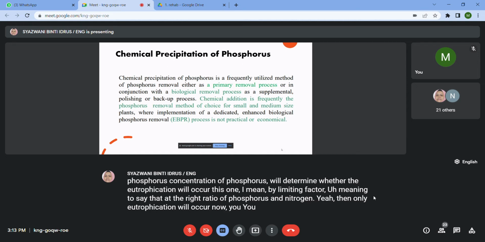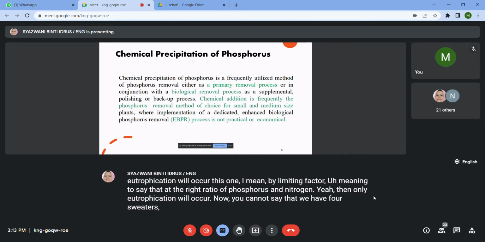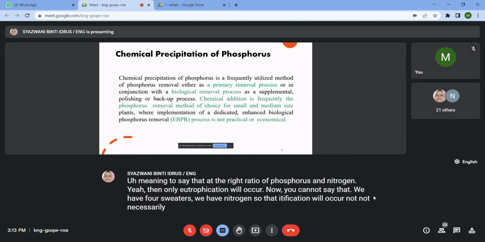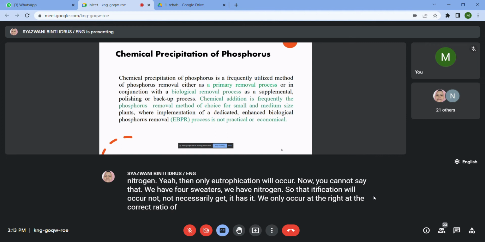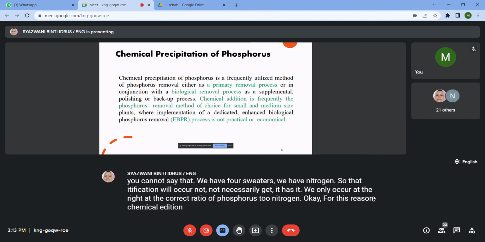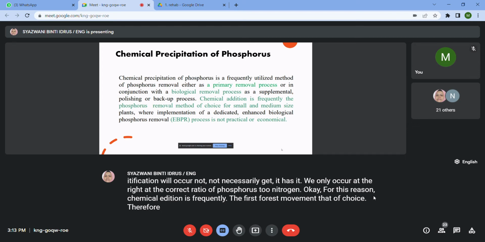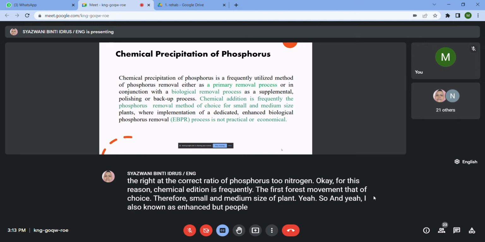We cannot say that because we have phosphorus and nitrogen, eutrophication will occur. Not necessarily. It will only occur at the correct ratio of phosphorus to nitrogen. For this reason, chemical addition is frequently the phosphorus removal method of choice for small and medium size plants. They are also known as enhanced biological phosphorus removal.